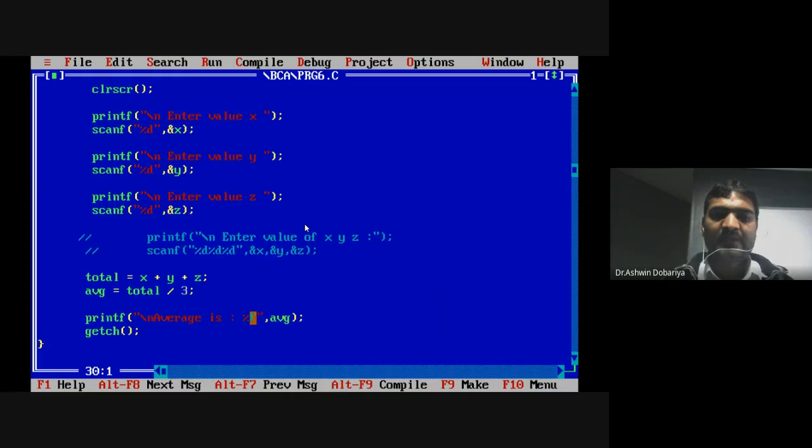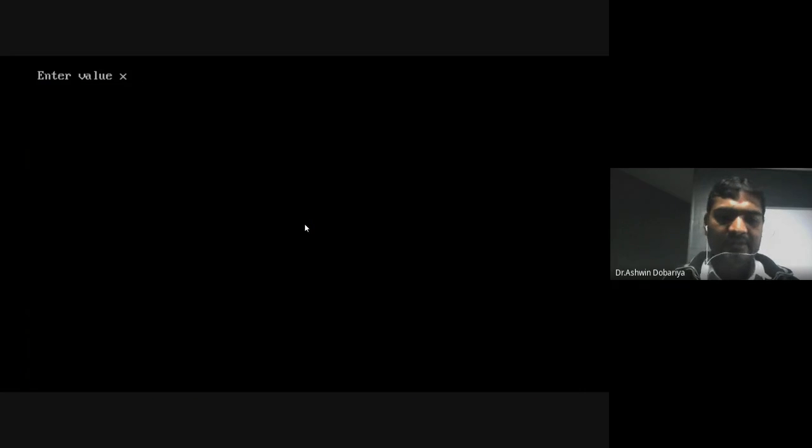And now if I want to display only 2 values after the decimal point, what I have to do over here? Dot 2f, sir. Yes, dot 2 I have to mention. So if I run this, now see, suppose 5, 10, 15, then it will display only this. Okay.